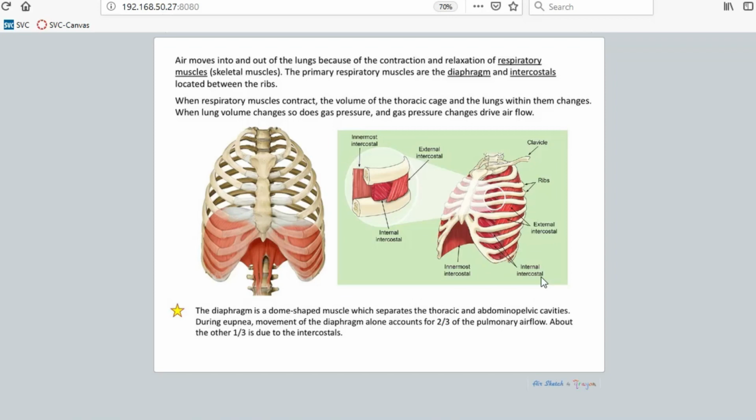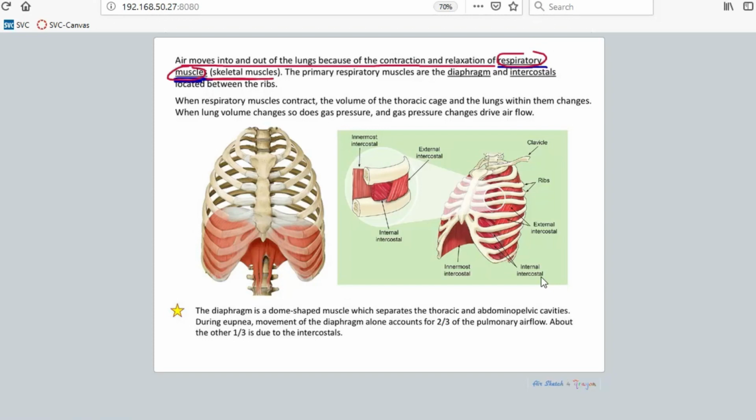Okay, so like I mentioned earlier, it is these respiratory muscles that are going to be in charge of actually changing the volume of the lungs. Air is going to move into and out of the lungs because of the contraction and relaxation of these respiratory muscles, which are skeletal muscles.